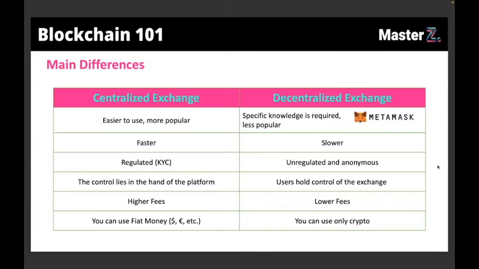So they make sure that your money goes in without a problem. And this, of course, doesn't happen with a decentralized exchange. Since they are anonymous and they're a smart contract, they cannot interact with banks. So you may ask, how do I put my money in a decentralized exchange?